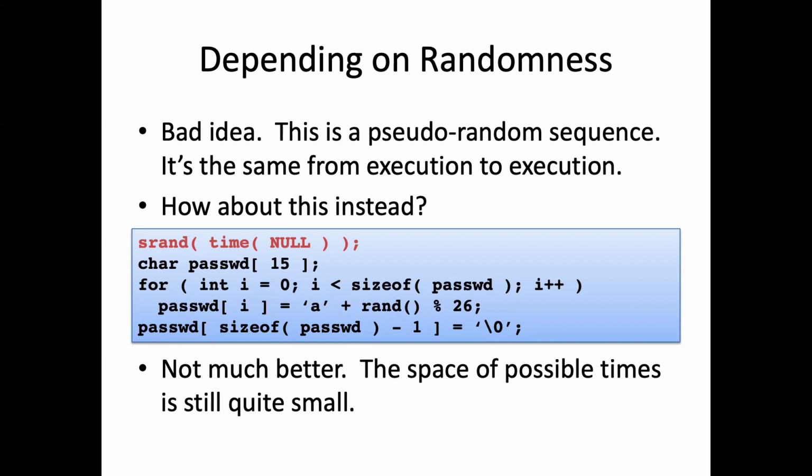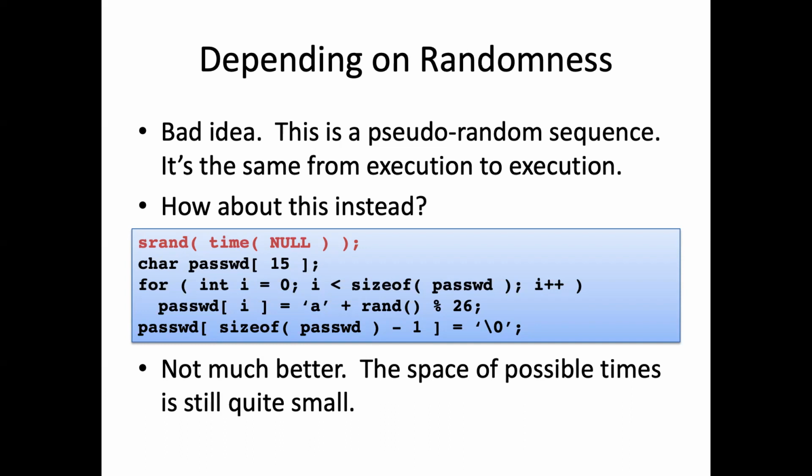If we use that to seed the random number generator, then we will get a different password every time we run this program, as long as you don't run it twice in 1 second. So that would make the password harder to guess, but not a whole lot harder to guess.